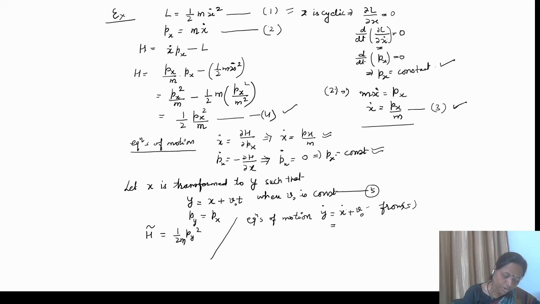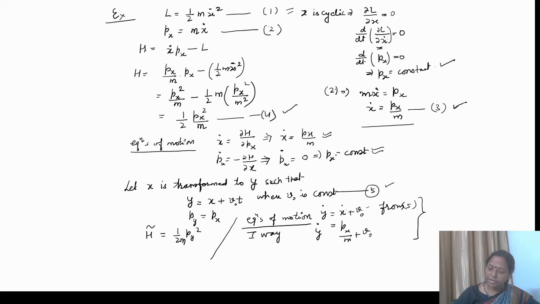What is your x dot? x dot is px upon m plus v naught. So this is your y dot. This is one way of finding the equations of motion, with the help of these transformation equations.